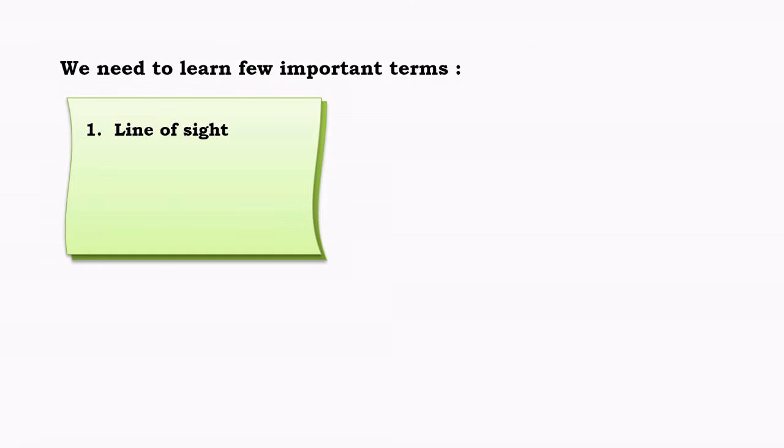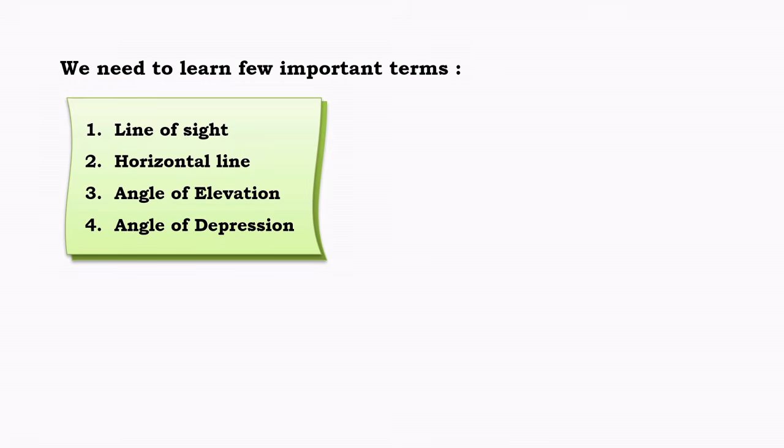Before we start solving problems based on heights and distances, there are a few important terms that we need to understand. These terms will help us understand the diagrams and solve the questions correctly. The four important terms are: first, line of sight; second, horizontal line; third, angle of elevation; and fourth, angle of depression.